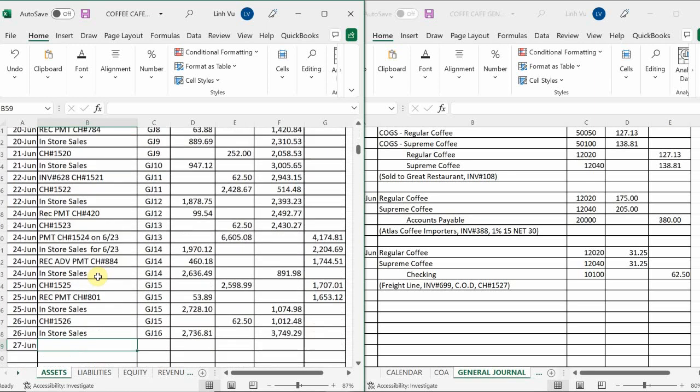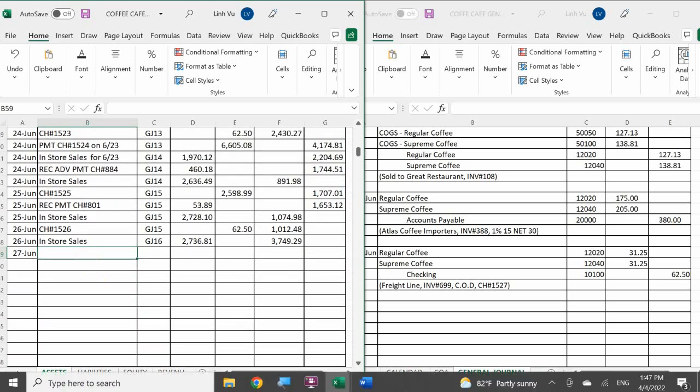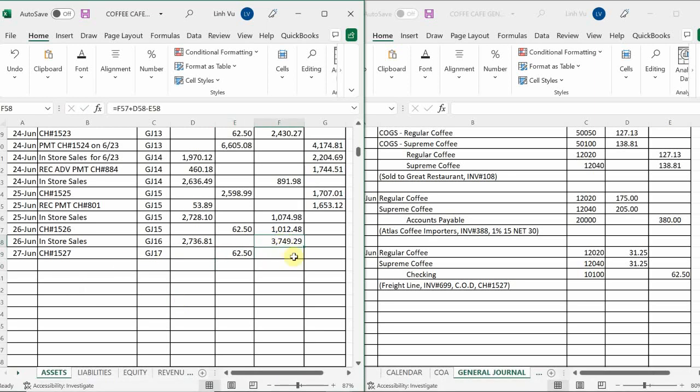Okay, so my checking was for $62.50. So what is my ending balance in my checking account? $3,686.79. Good.